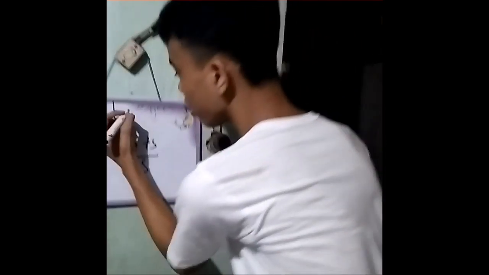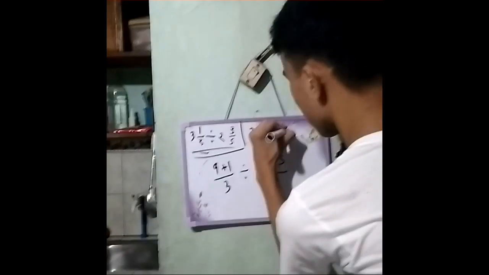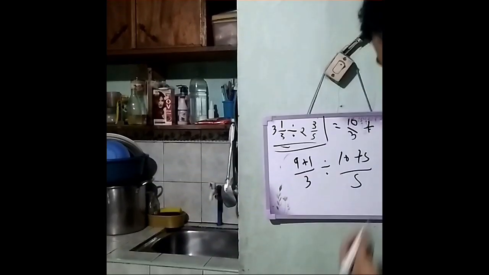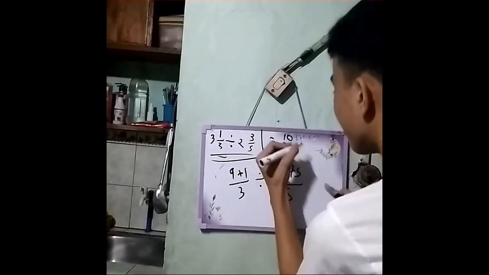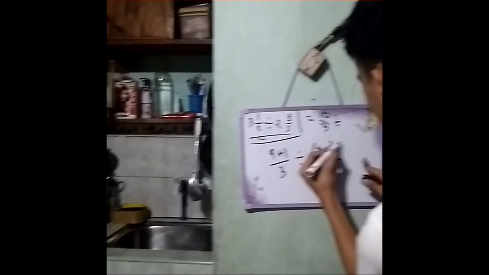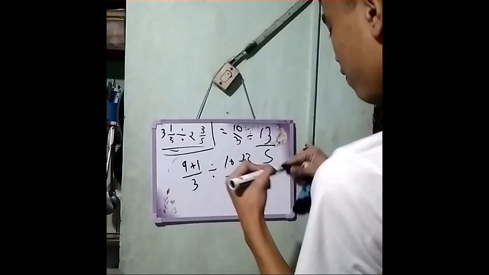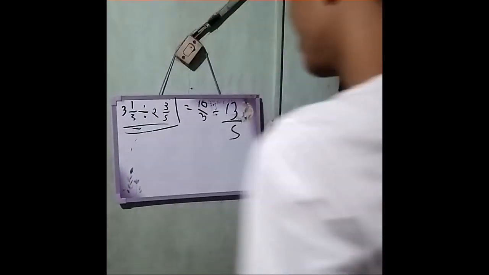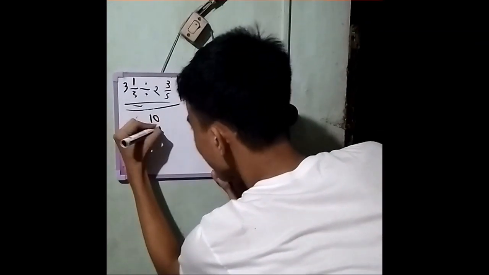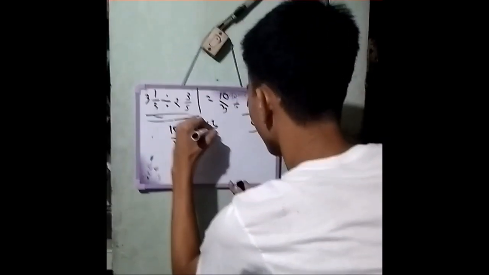Ang sagot ay equals to 10 over 3 divided by 30 over 5.